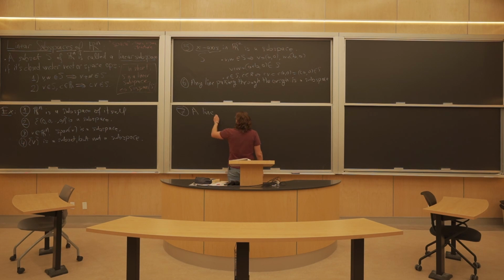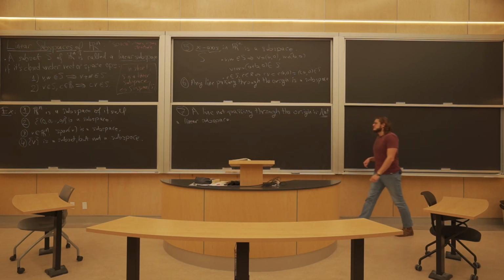A line not passing through the origin is not a linear subspace. How can I sort of justify this?